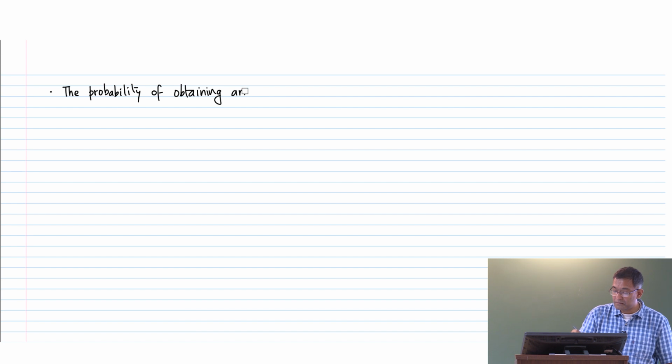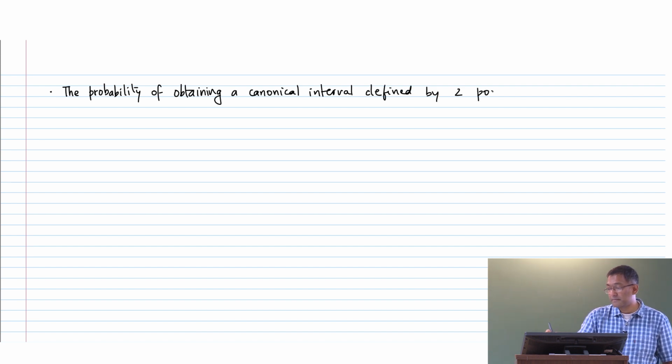Okay, so let's compute the probability of obtaining a canonical interval. So what is the probability of getting a canonical interval that is defined by 2 points, which means those 2 points are in S and now everything in between is not in S? Right?